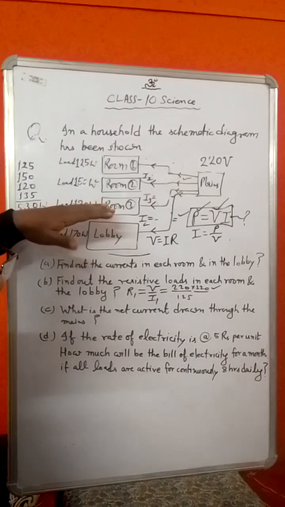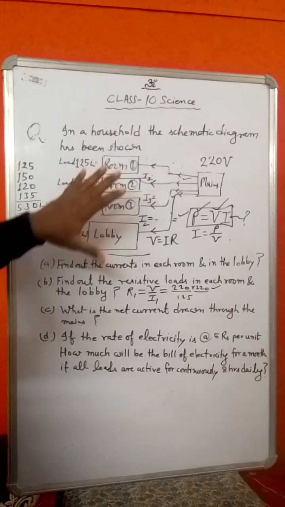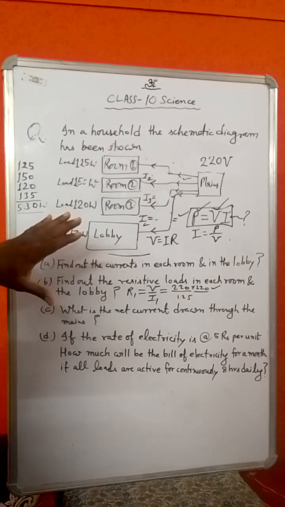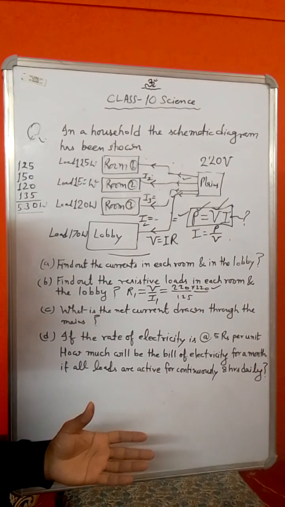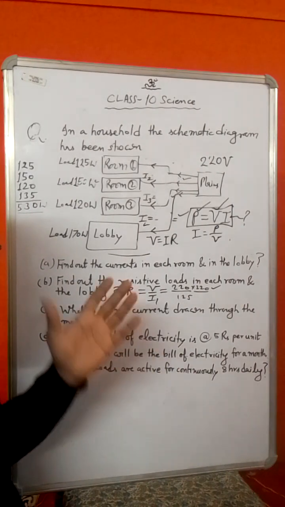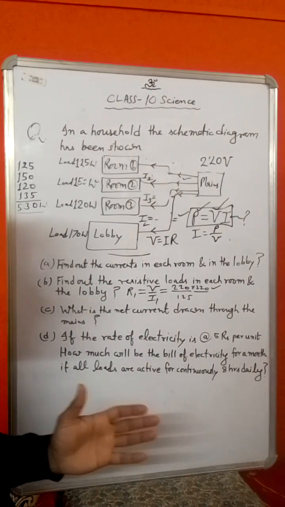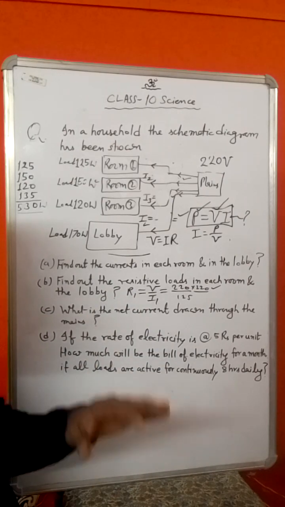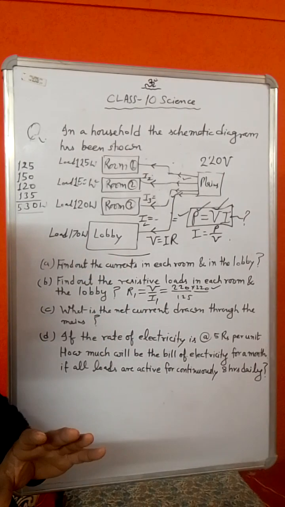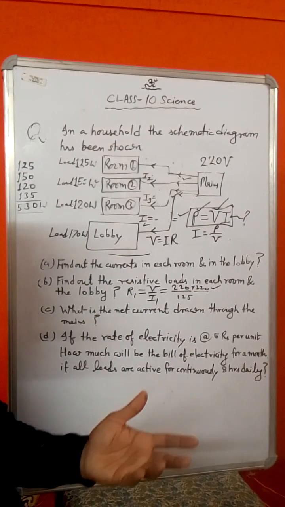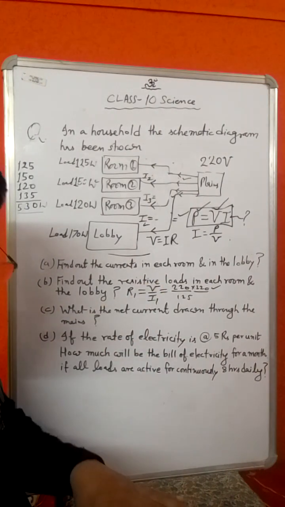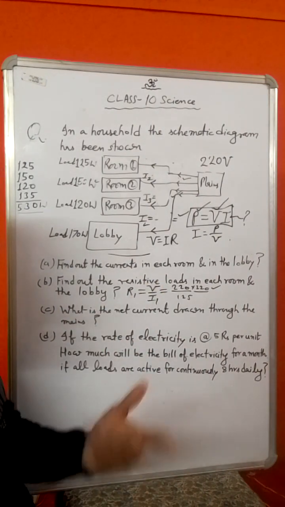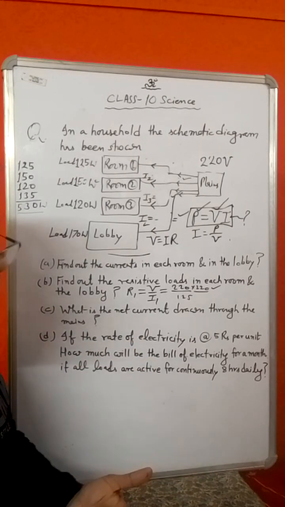All rooms and the equipments are connected in parallel combination. Why parallel? Because all instruments work on 220 volt. Now, if the voltage goes beyond 220 volt, there will be a chance of burning. And if the voltage goes lower than 220 volt, the equipment will not work properly.